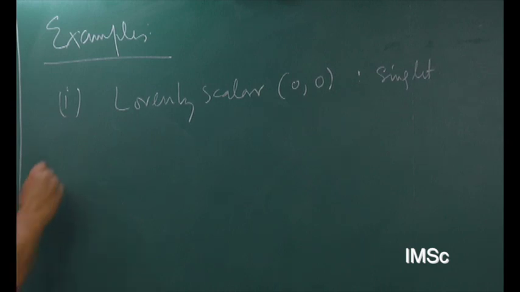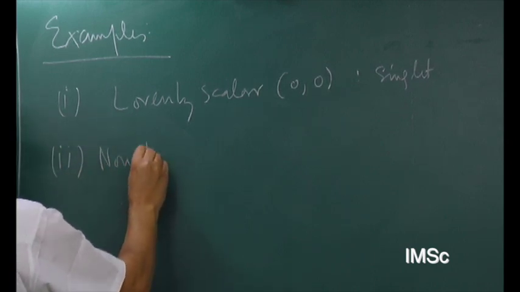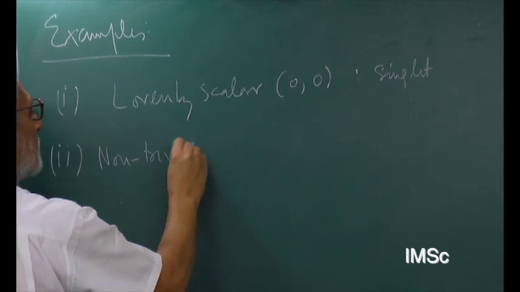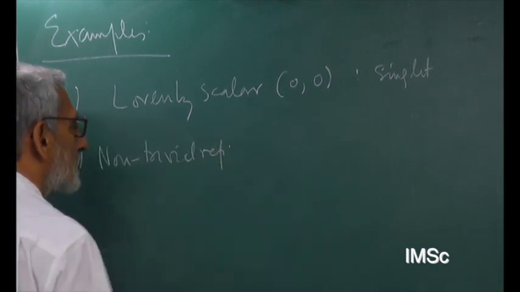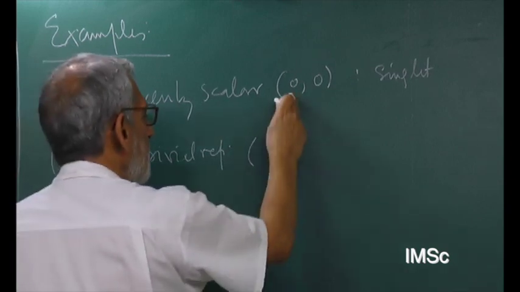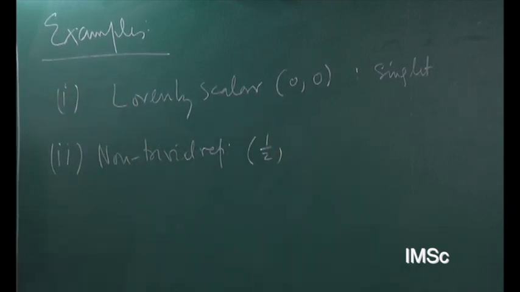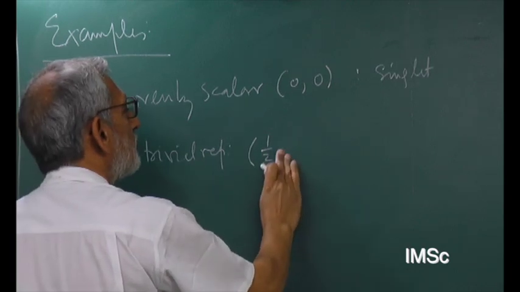The first non-trivial representation is you take the j value to be half and j prime value to be 0.